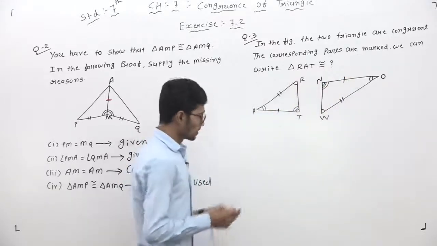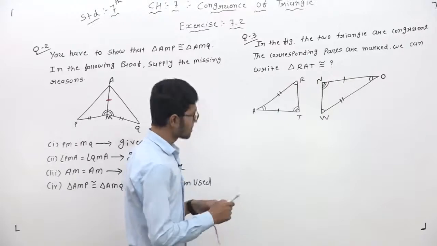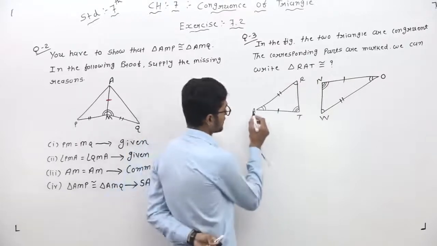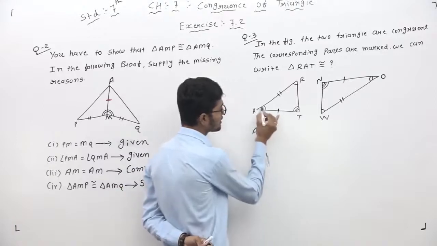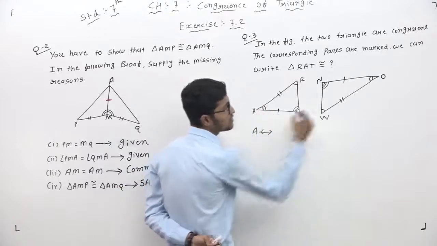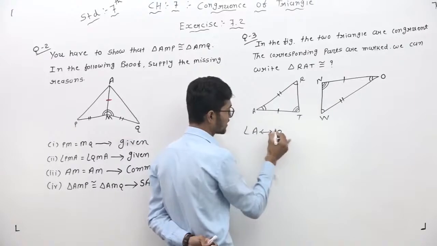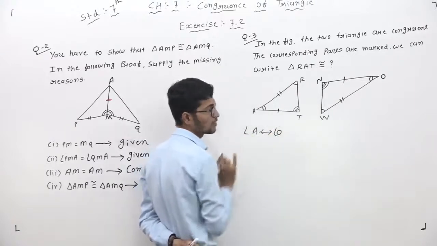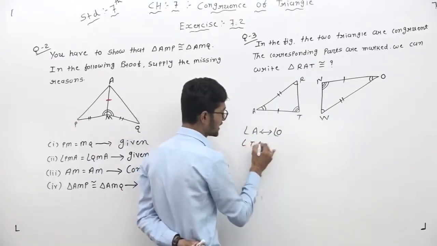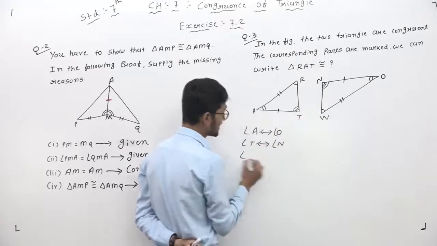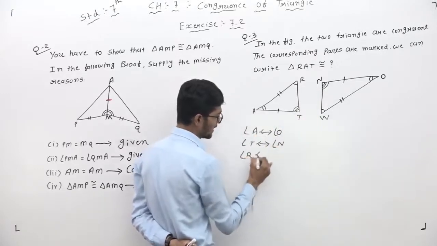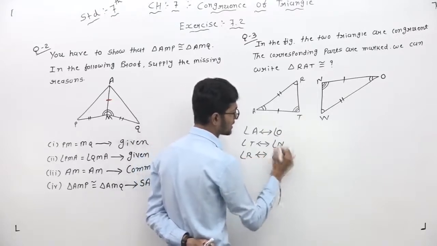Let's start. First of all, check A: which angle corresponds to it? Here there are two signs, and the two angles mean O. Angle A and angle O correspond. Same for T: T corresponds to N. And then angle R corresponds to angle W.